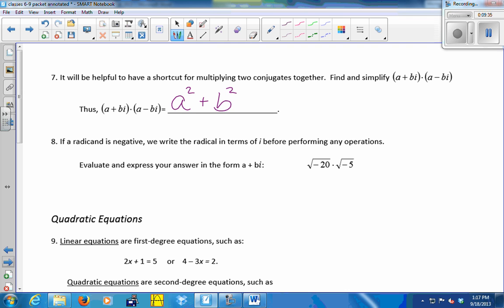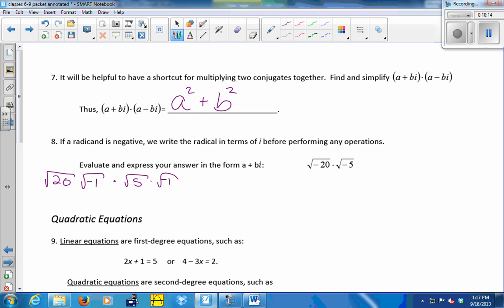The last thing about complex numbers and how to do arithmetic with them is that you always want to write a radical in terms of i before you do any operations. I'll show you the reason after. So if I want to do radical negative 20 times radical negative 5, I want to take the negatives out and make them i's before I do any operations. So that's radical 20 times radical negative 1 times radical 5 times radical negative 1.